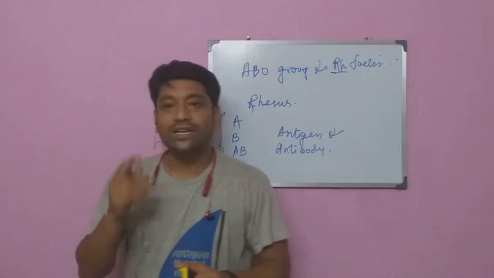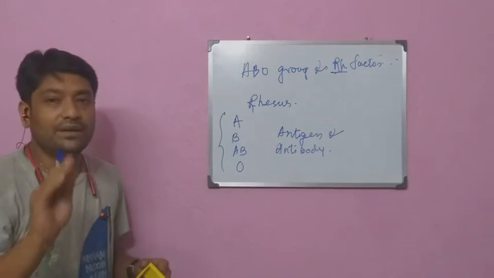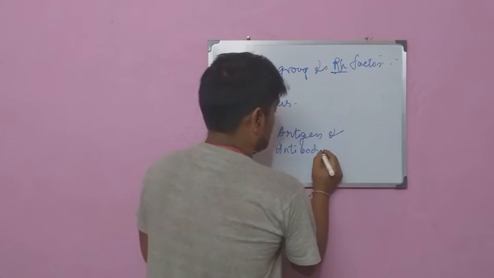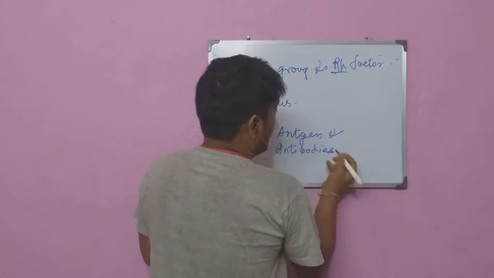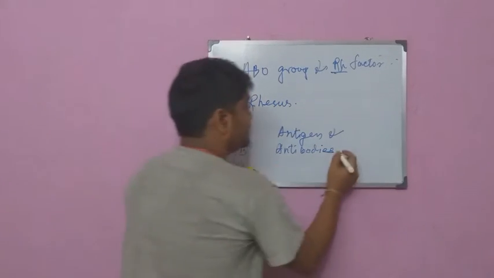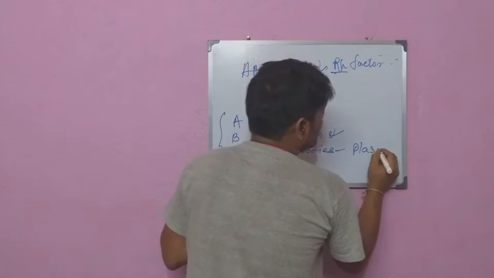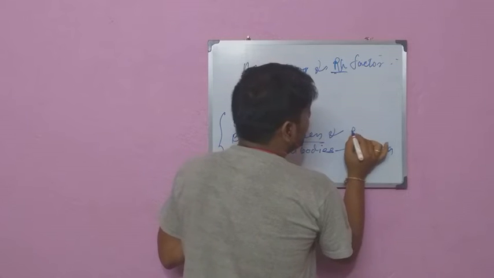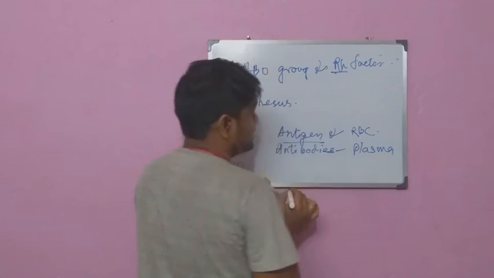Antibodies are present in plasma and antigens are present on red blood cells.